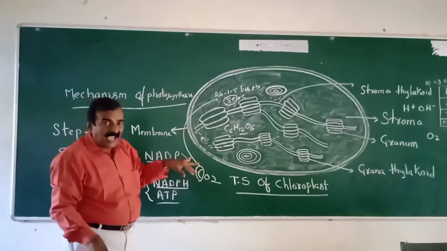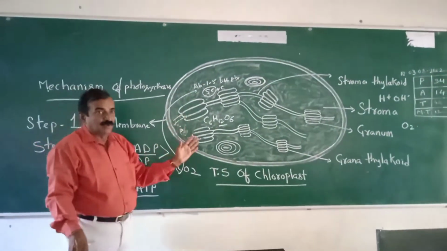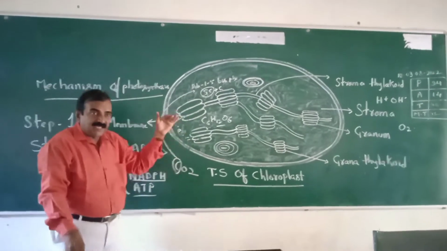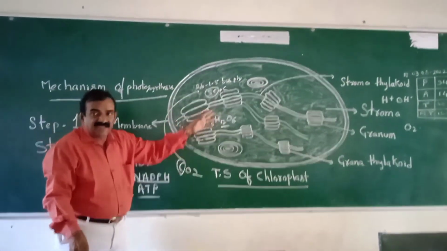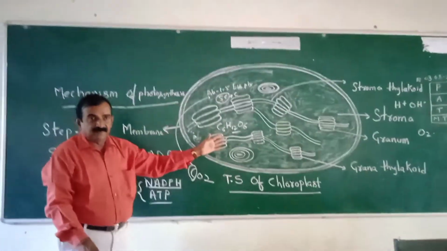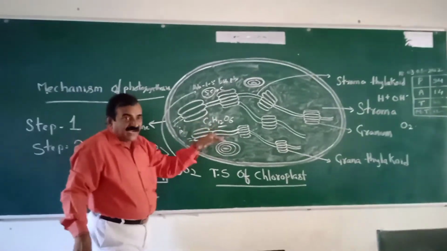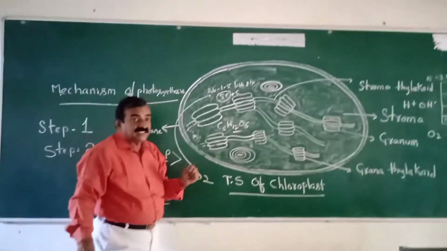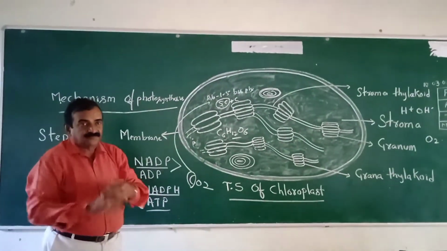So here I told you what is chloroplast, what is the structure of chloroplast, and what are the steps that take place during photosynthesis. Light dependent and also light independent, photochemical or dark reaction. So these reactions take place. After dark reaction, we see in the plant food is formed. That is C6H12O6.